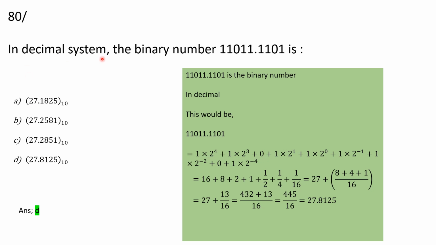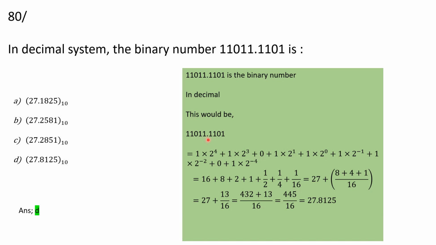Then in the decimal system, the binary number 11011.1101 is given, and we have to find the decimal equivalent of this binary number. So first we have to count the digits: 1, 2, 3, 4, 5. So here we have to multiply 1 into 2 to the power 4 plus 1 into 2 to the power 3 plus 0, plus 1 into 2 to the power 1 and 1 into 2 to the power 0.